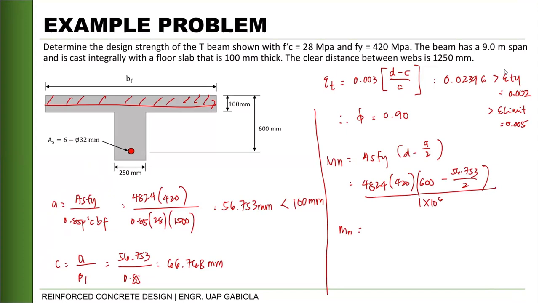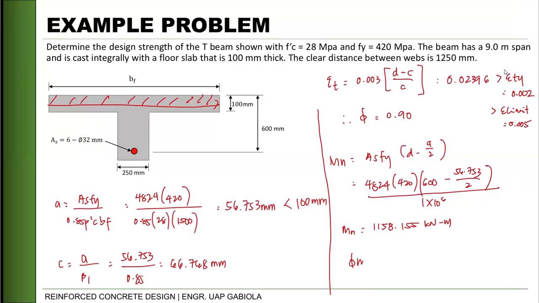So, we have 1158.155 kilonewton meter. Okay? And our phi Mn is just 0.9 times Mn. So, phi Mn is 1042.339 kilonewton meter. Okay, so this will be our final answer for this problem.